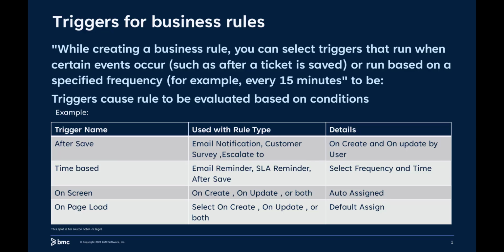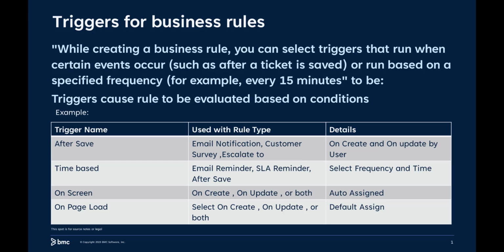Let's understand the business rule workflow with the trigger, action and the criteria. The trigger asks the when the business rule create, you can select the trigger that run when a certain event occurs, such as after a ticket is saved or run based on the specific frequency. Example, every 10 minutes, every 15 minutes, when the business rule should get triggered.